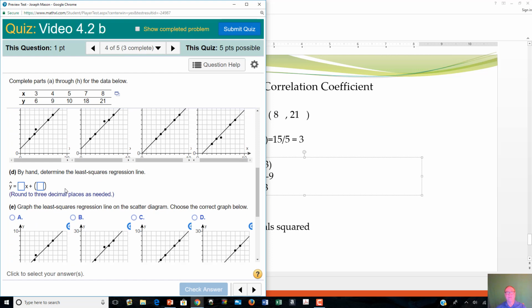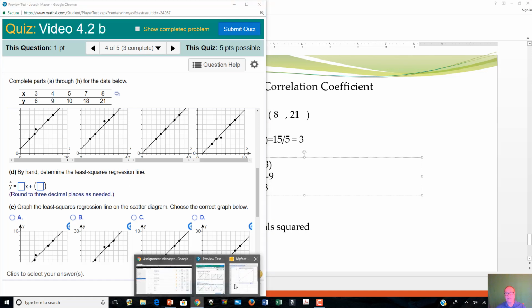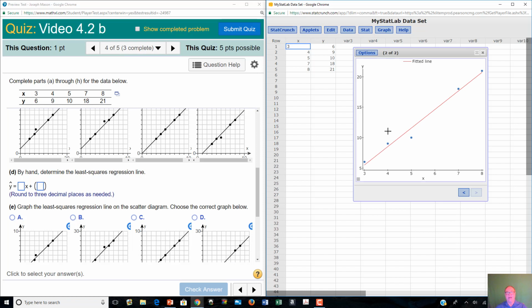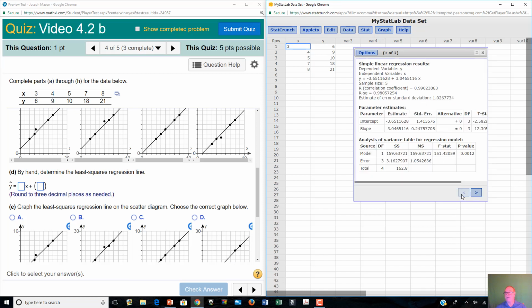Now, by hand determine the least squares regression line. Well, it says by hand, but this means we're using all the data. So we can go back to what we did in StatCrunch. Here's your equation of your line. Down here's your slope, there's your y-intercept.